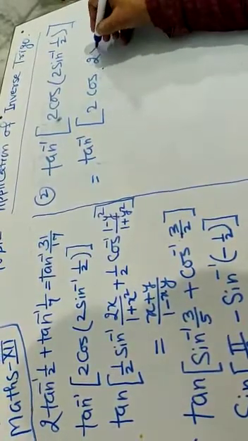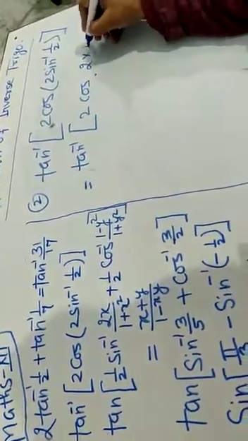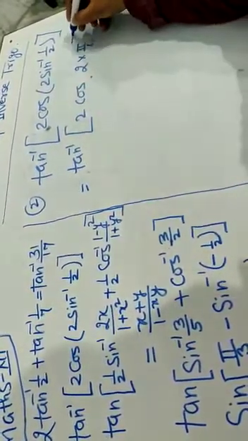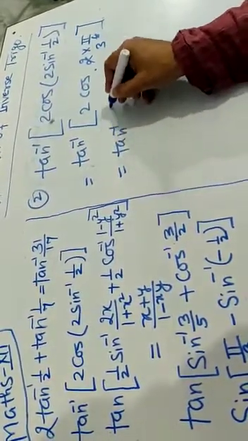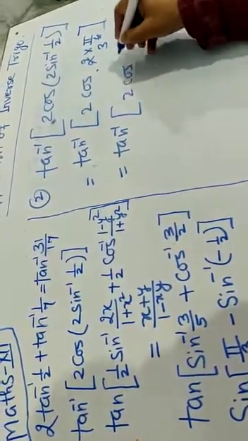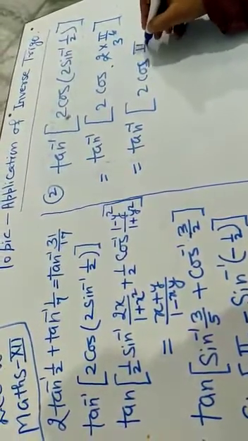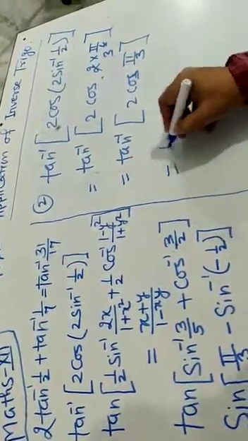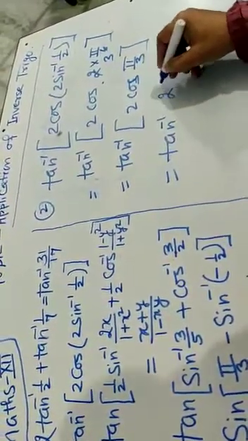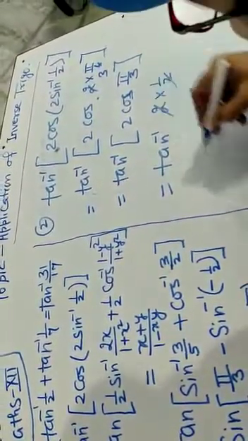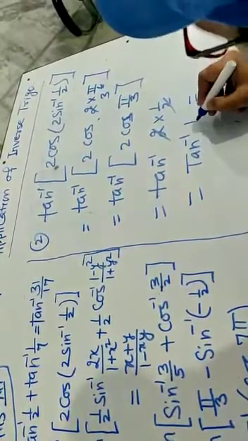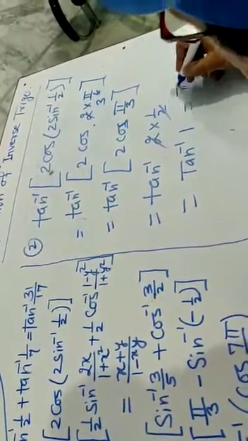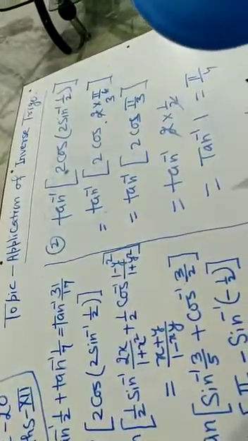Sin inverse 1 by 2 will be pi by 6, so 2 times that gives pi by 3. Now tan inverse of 2 cos pi by 3: cos pi by 3 is 1 by 2, so the 2 cancels. Tan inverse 1 is pi by 4. So the value of this expression is pi by 4.